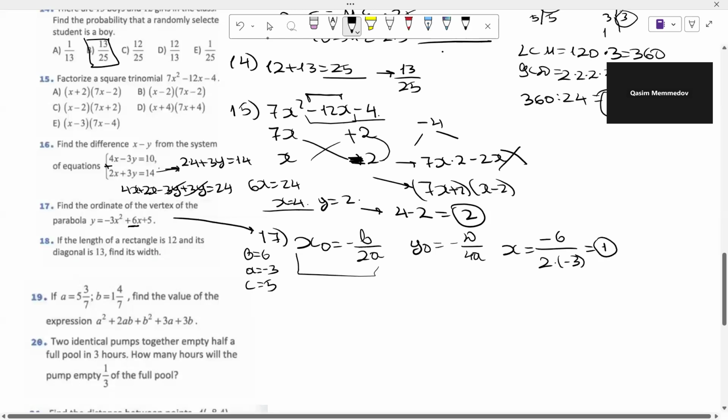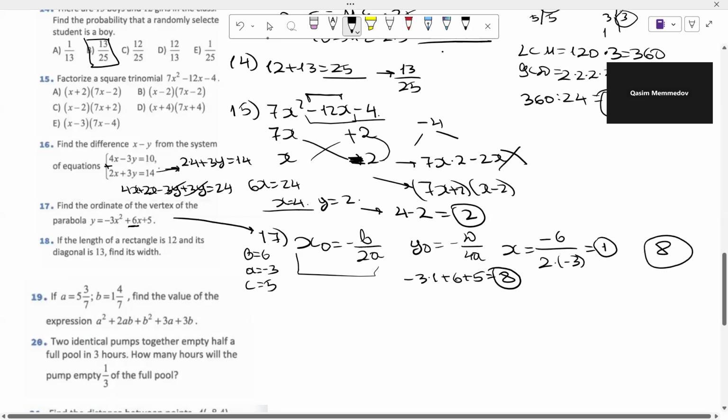Okay, let me write instead of x, it equals negative 3 multiplied by 1 plus 6 plus 5, and the answer is 8. We found both the abscissa of the vertex and the ordinate of the vertex. The abscissa is 1 and the ordinate is 8. And the final result is 8.